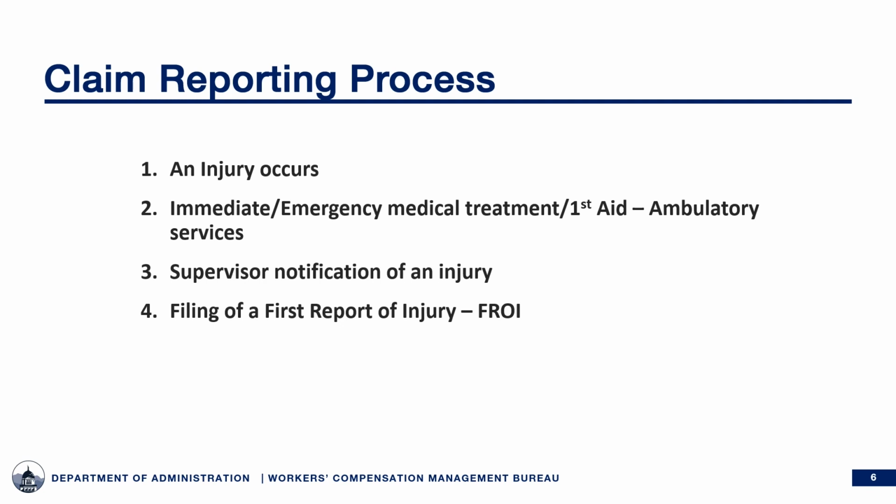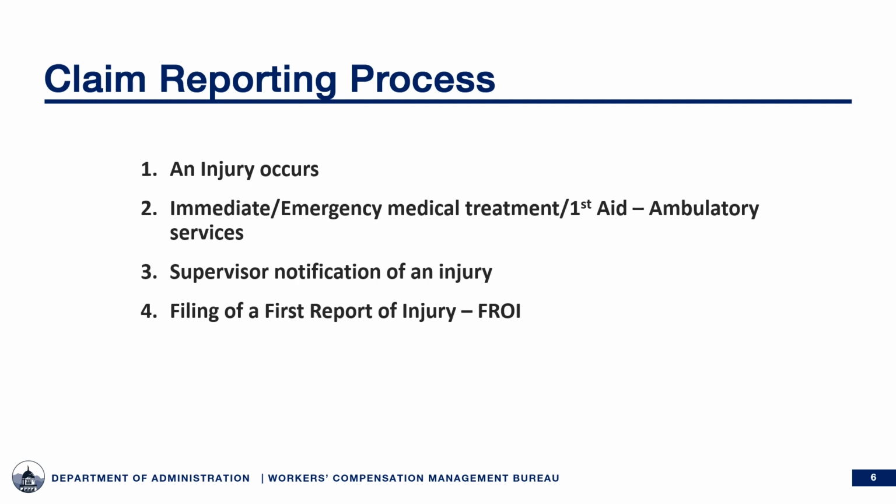Filing of the first report of injury. Once the form is completely filled out by the injured worker and the employer, you have 2 options to submit the claim. The first option is to fax the signed first report of injury to Montana State Fund at the number listed above on the first report of injury.